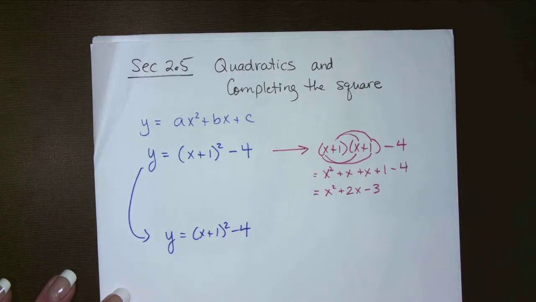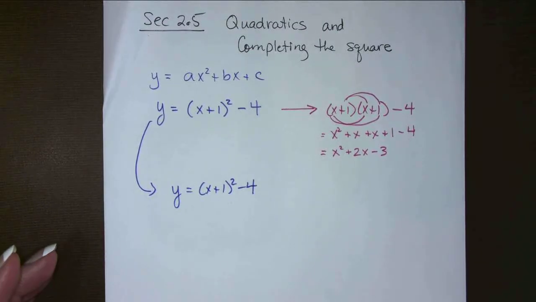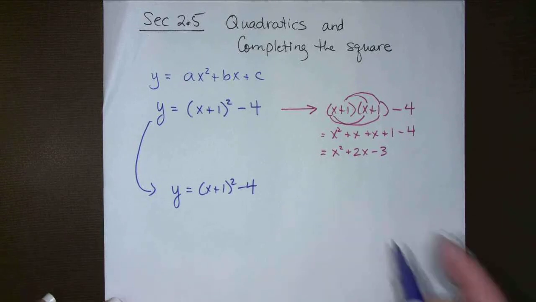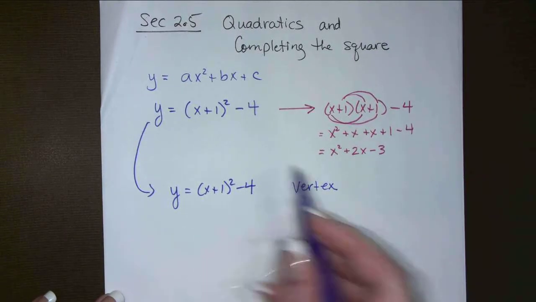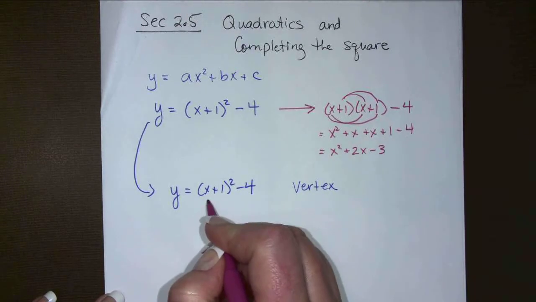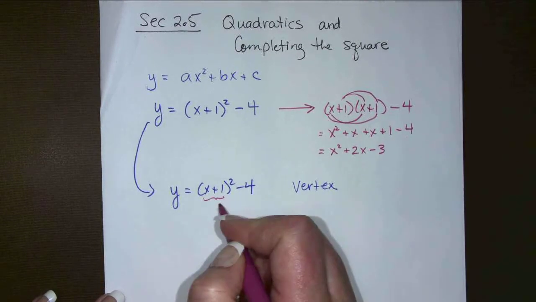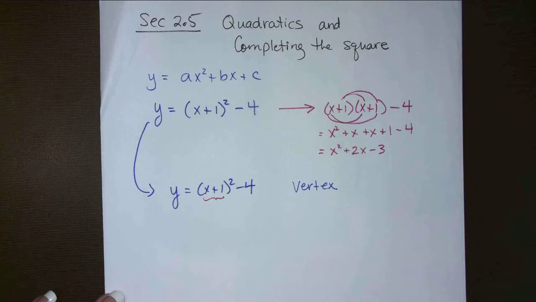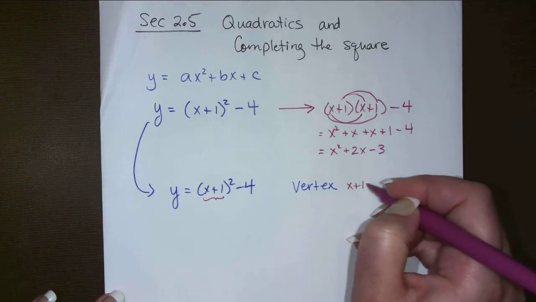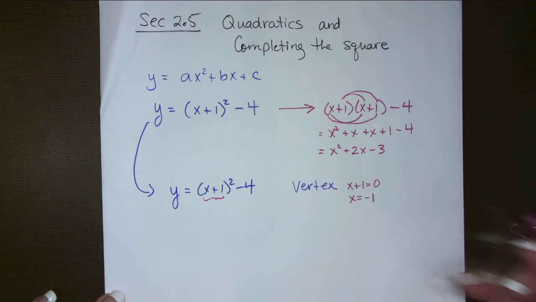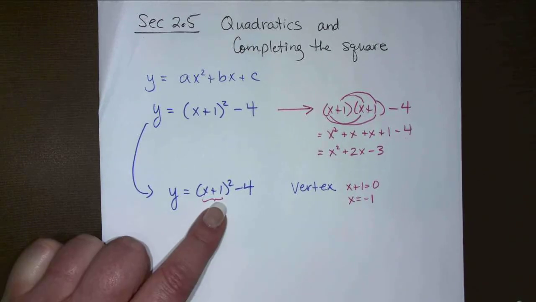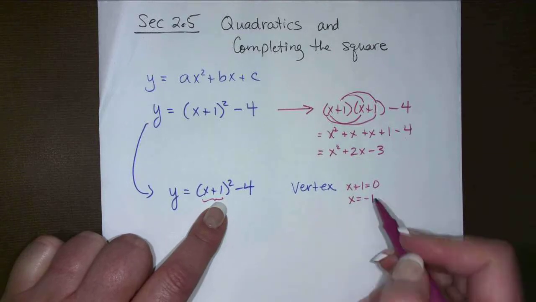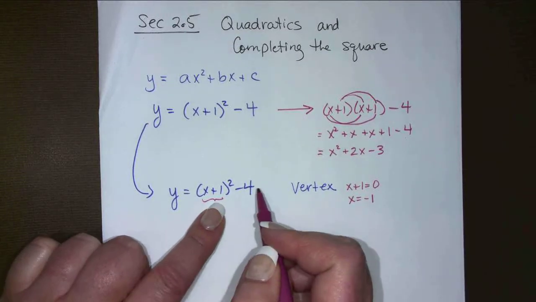So there's a few good things about this if we're using it for graphing, and that is that the vertex is found by whatever is in that bracket squared, setting that equal to 0, gives me the x value of the vertex. So negative 1. And the y value of the vertex, we don't need to plug it in because why?